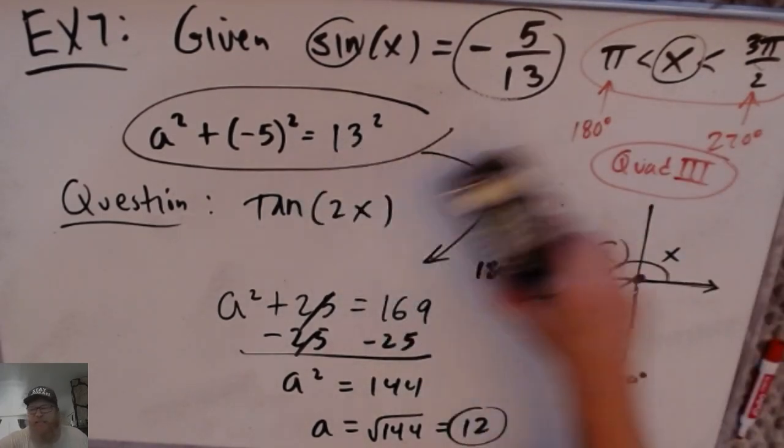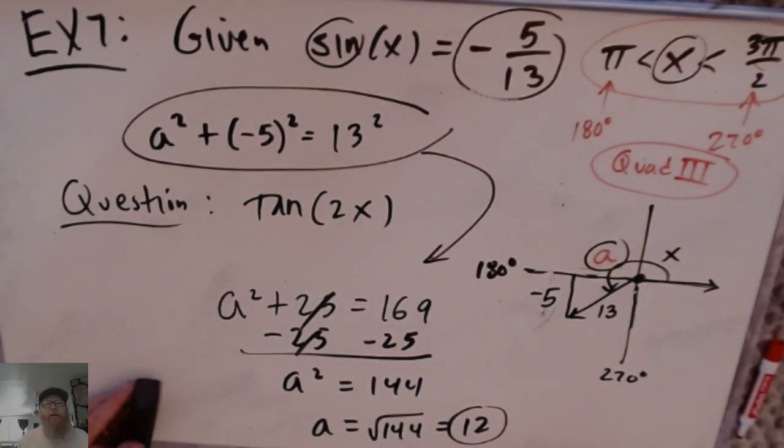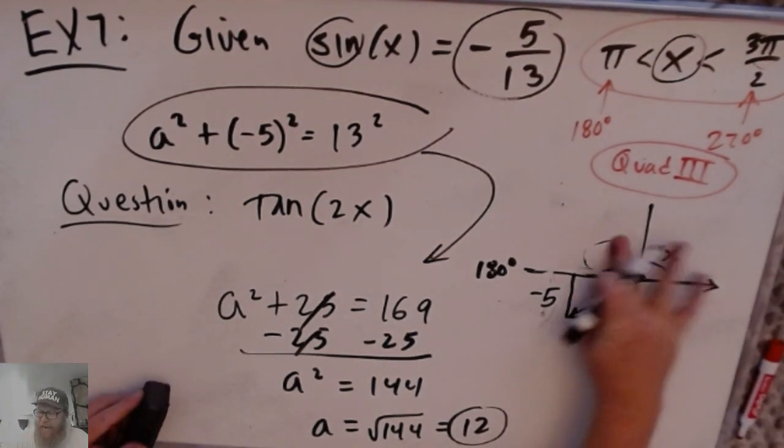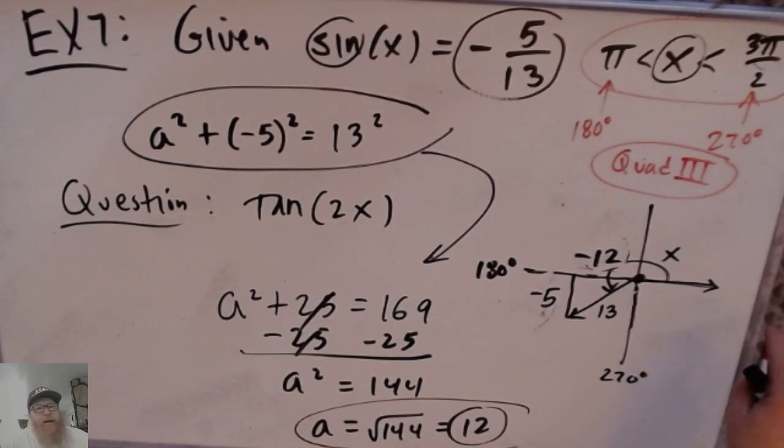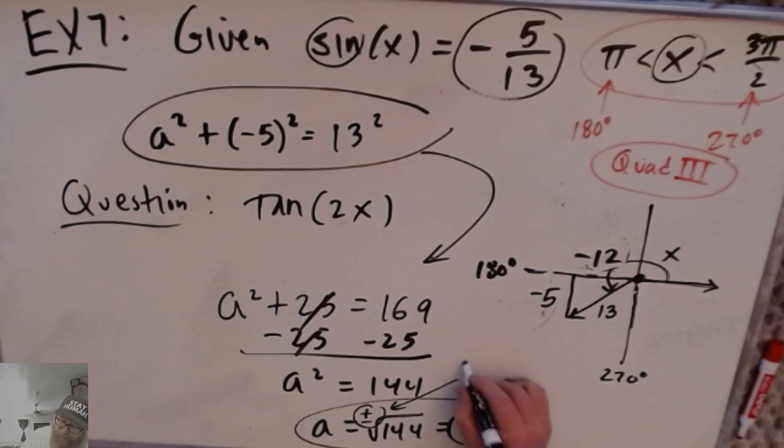This is unnecessary when you get a perfect square. So I know that a is, now be careful, when you use the square root, it's just going to tell you 12. When you hit your square root button on your calculator, you don't really need it on this one. So technically this is plus or minus depending on the quadrant.